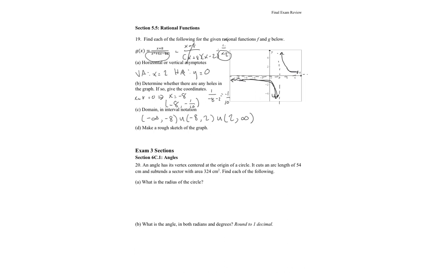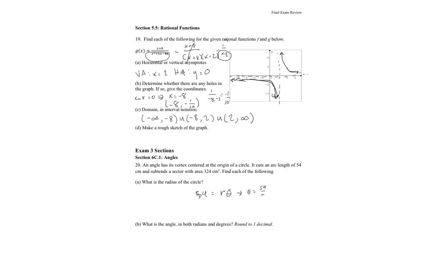First, we can use the information that it cuts an arc length of 54 centimeters, because we know that arc length is equal to the radius times the angle that we're making. So in this case, 54 is equal to r times theta, or if we solve for theta, theta equals 54 over r.